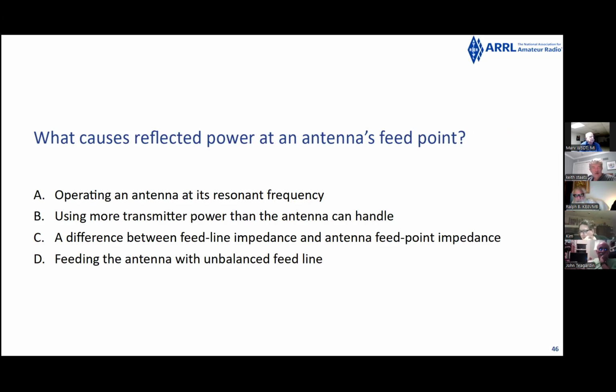Operating an antenna at its resonant frequency, using more transmitter power than the antenna can handle, the difference between feed line impedance and antenna feed point impedance, and feeding the antenna with unbalanced feed line. C. Yeah. The difference between feed line impedance and antenna feed point impedance.